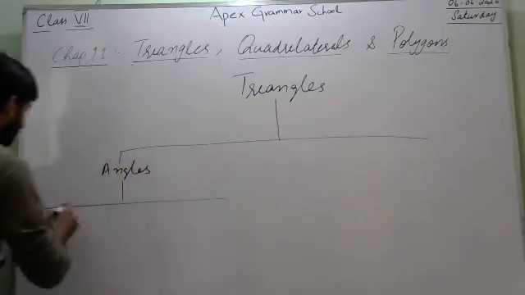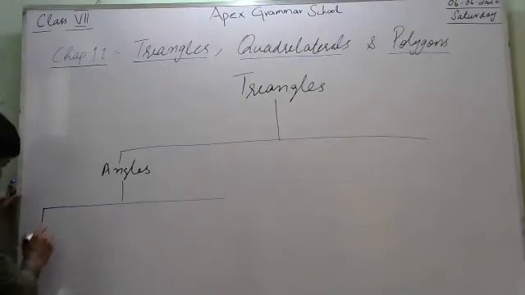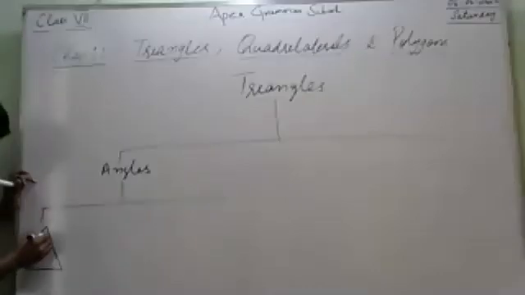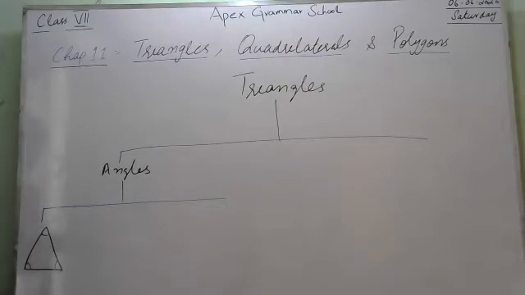The first one was the acute angle triangle, in which all angles are less than 90. You can see that the blue lines are angles, and all three angles are less than 90. This is an acute angle triangle.